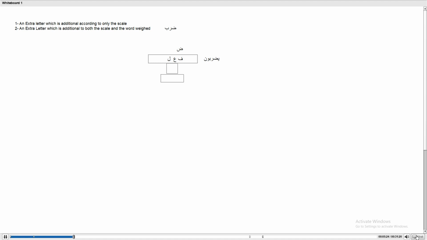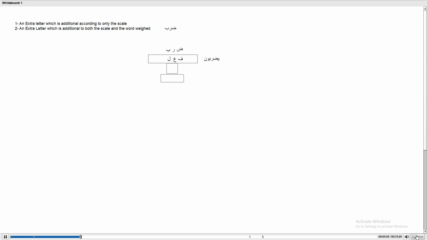Then what comes against the ain? The ra. Then what comes against the lam? The ba.